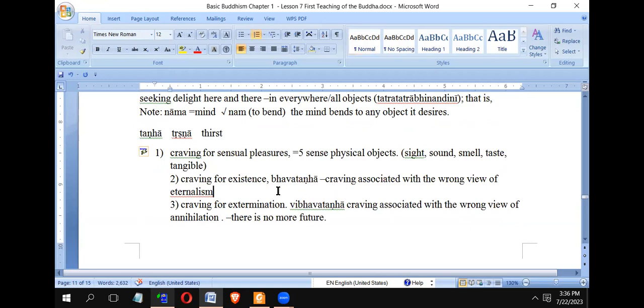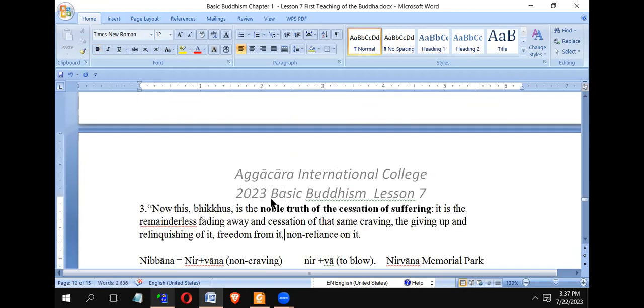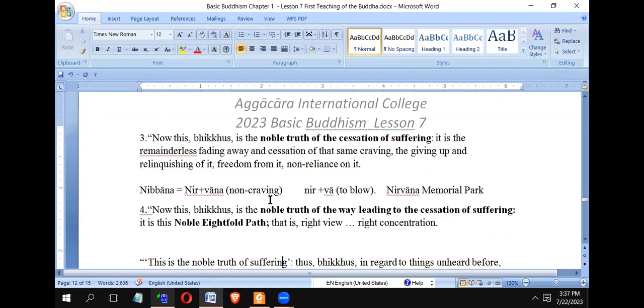Extermination means craving to live forever, which is also a wrong view. So Nirvana means totally out of these 31 planes, totally no craving in any way.